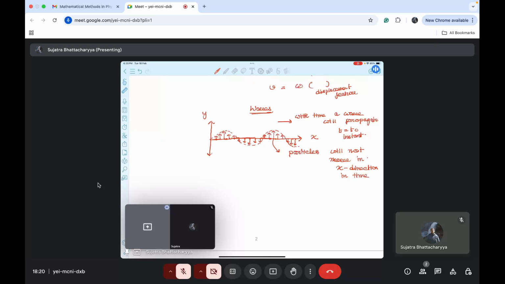As the time changes, these particles will still be present here. So if this is the P1 particle, this P1 particle will be there, but with different oscillation characteristic.